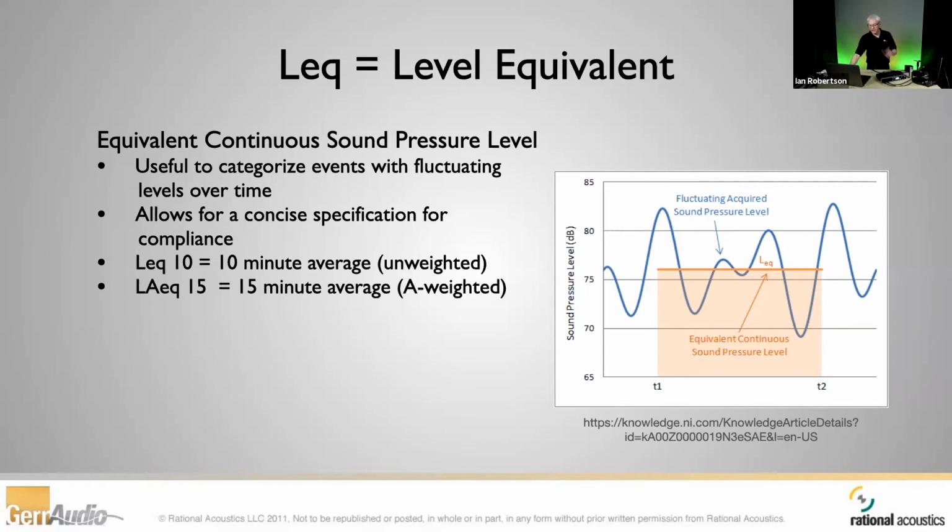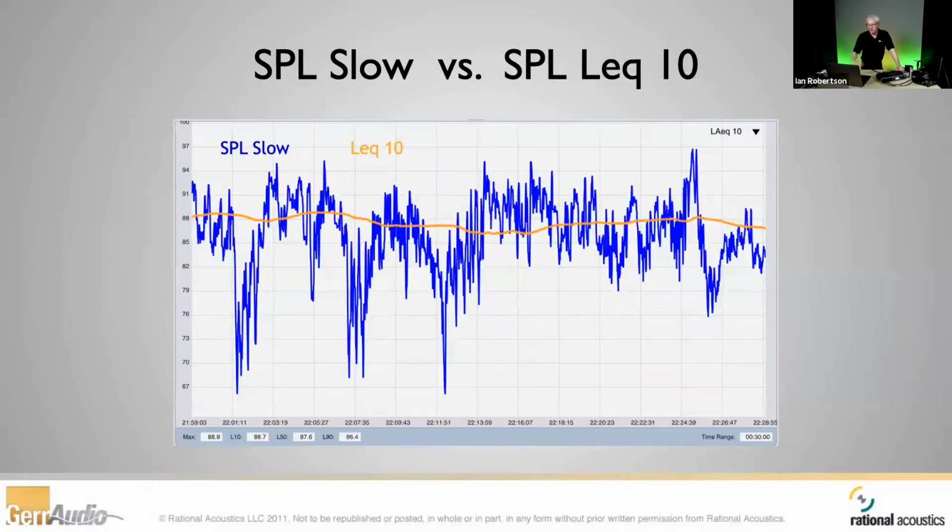It's written LEQ 10, which means it's a 10-minute average and there's no weighting. Or if you see something like LAEQ 15, that's a 15-minute average and it's an A-weighted measurement. So if you see the acronyms, that's basically how they break out and what they mean. So that's what it looks like.